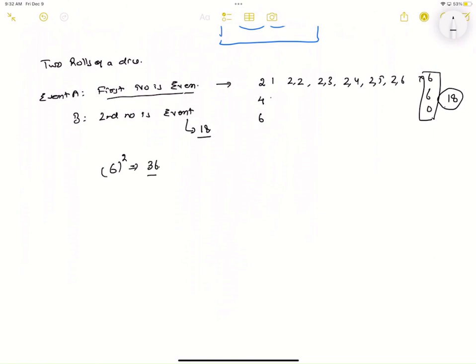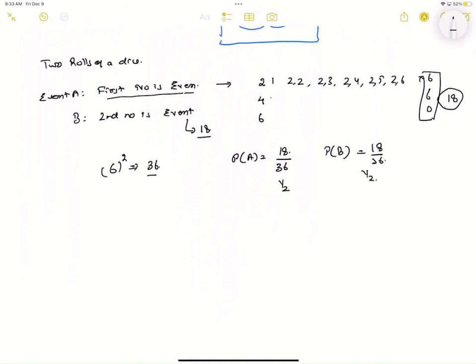So the probability of event A happening is 18 out of 36, and the probability of B is also 18 out of 36, or half and half.